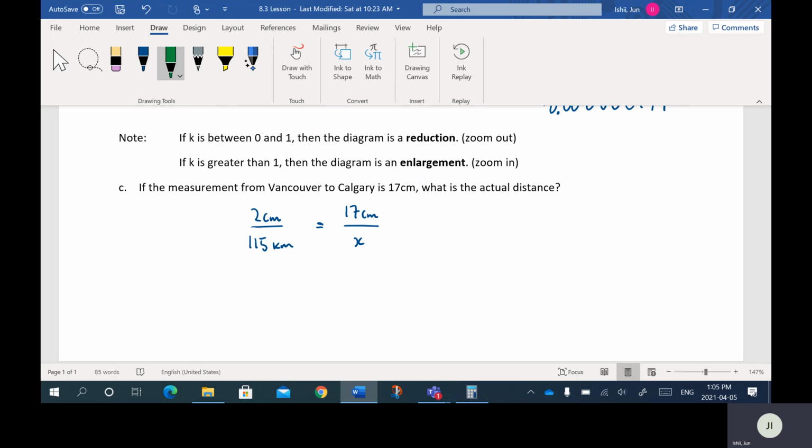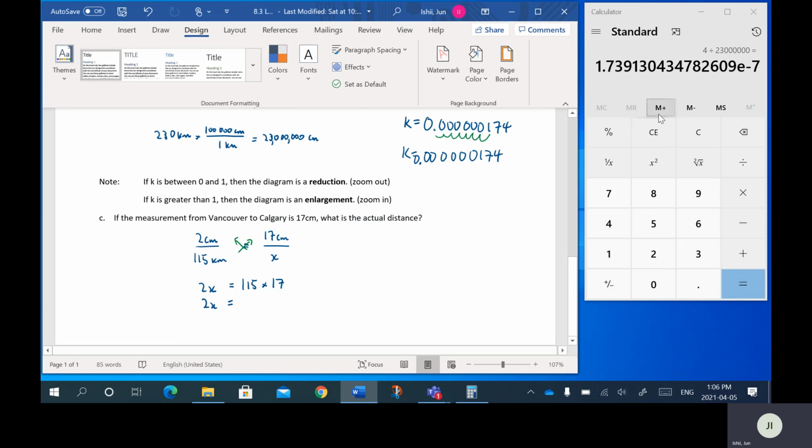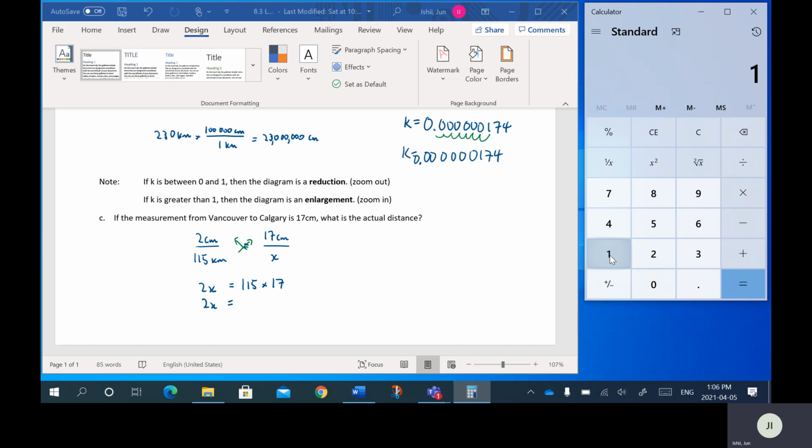Now to solve this, you guys have had enough experience over the years with this, you're going to cross multiply. So this becomes 2 centimeters times x, which is 2x. It's going to equal 115 times 17. So let's just punch that into the calculator. 115 times 17 equals 1955.